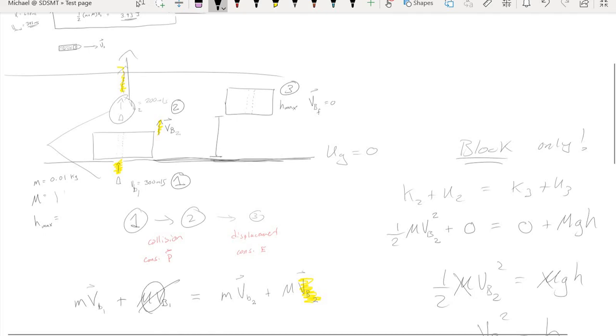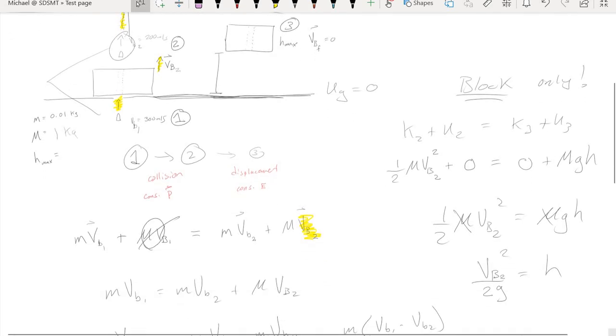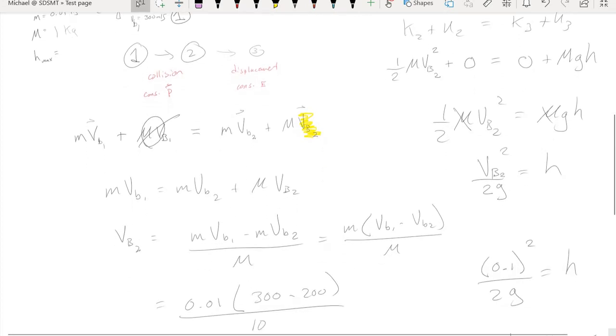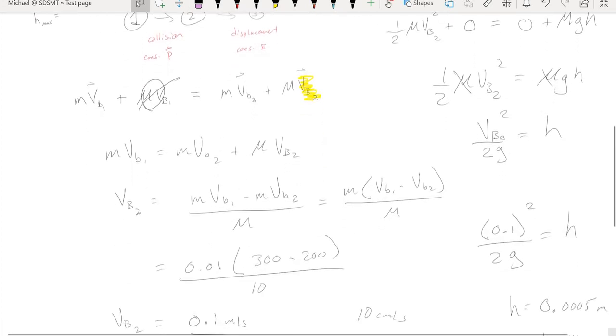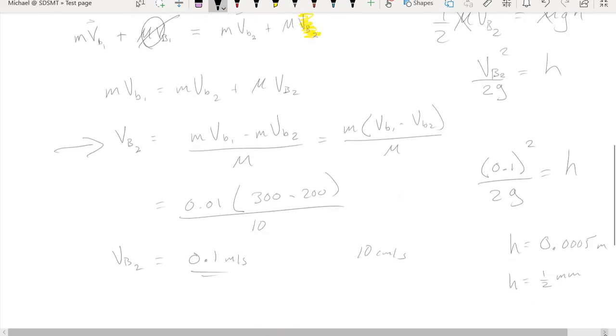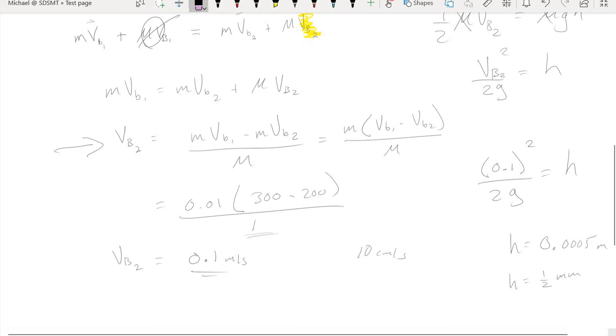I'll reduce the mass of the block to 1 kilogram as opposed to 10 kilograms. Now, how is that going to affect things? Well, the first thing that it's going to affect is the velocity of the block after the bullet has passed through it. So instead of having the mass of 10, we're going to turn that into a mass of 1.